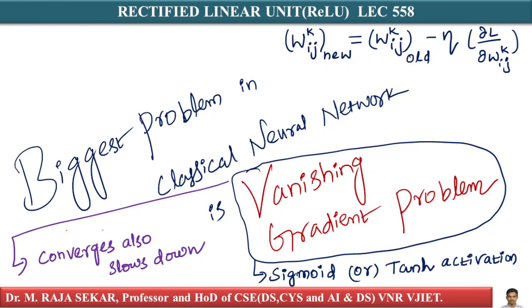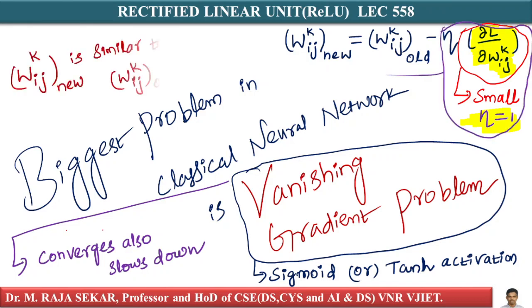Now, if this derivative is very small, because of the chain rule and because of multiplying numbers which are between 0 and 1, and we are assuming here eta equal to 1, and if this number, dou L by dou w_kij, is very small, then your old and new weights are very similar, which means you will not be able to converge to the solution fast enough, isn't it?